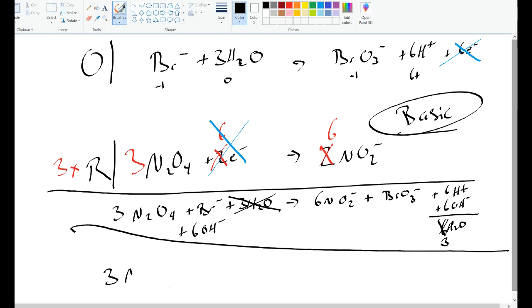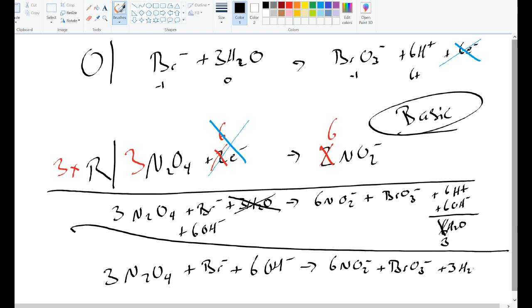So the final answer is 3 N2O4 plus bromide plus 6OH minus yields 6 NO2 minus plus bromate plus 3H2O.